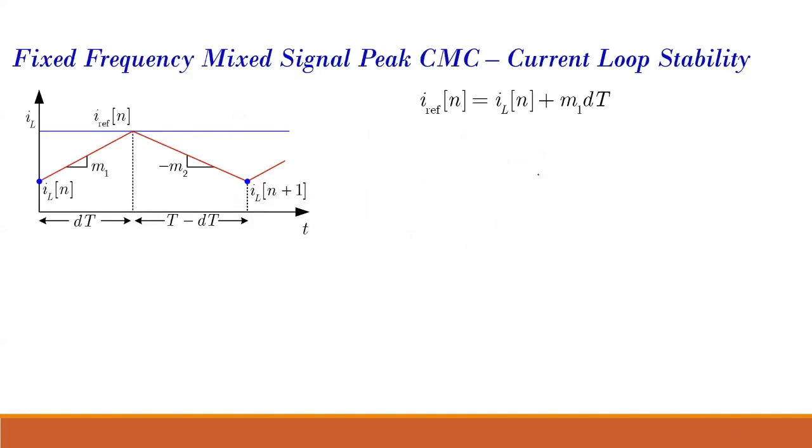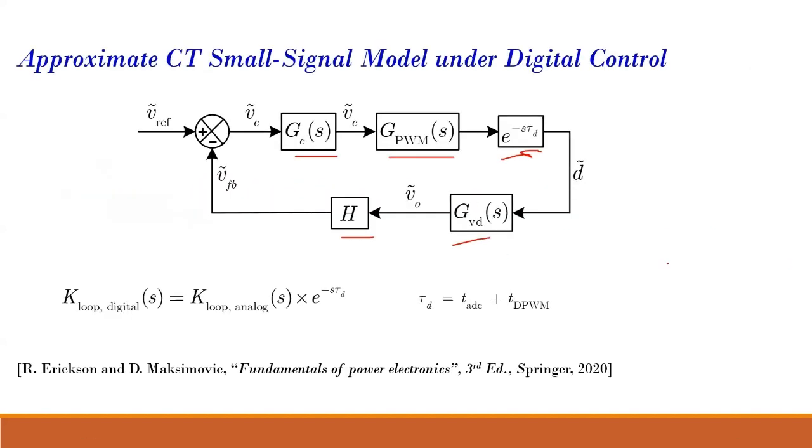Sir, if we want to convert the analog gain to digital gain, we have to multiply with the delay. Yes, you have to multiply with the delay. Wherever you want to transfer the gain from analog to digital domain, we have to multiply with the delay. We are finding the loop gain.